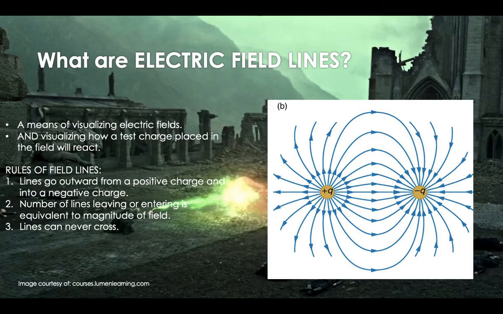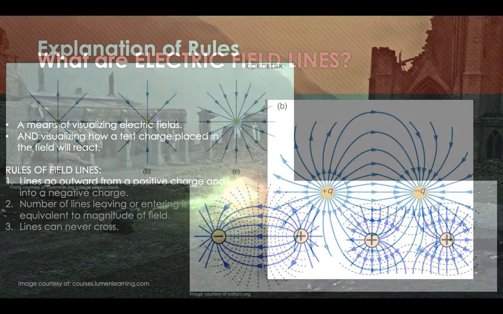And number three, the field lines can never cross. Why is that the case? Well, that would mean that at one point, let's say at this point, if they were crossing, the electric field in one place would be acting in opposite directions, which is impossible. So the field lines will never cross.